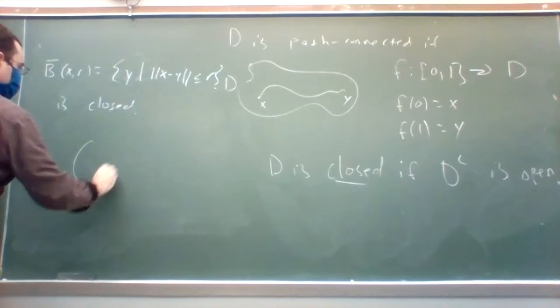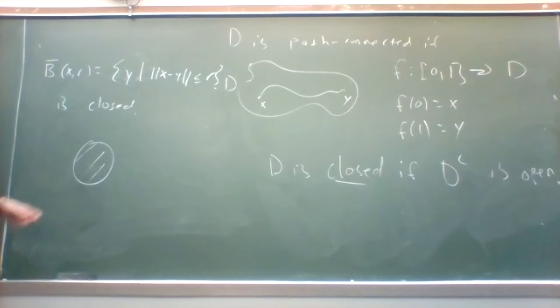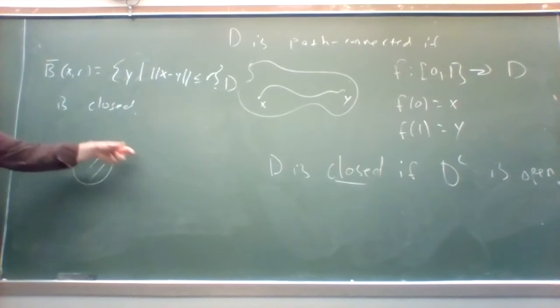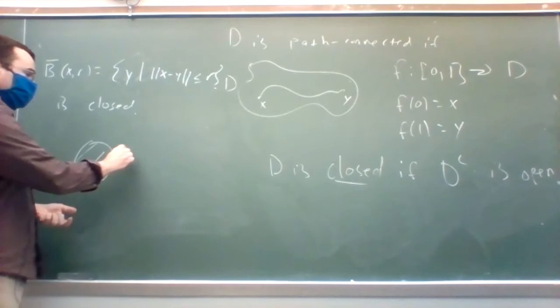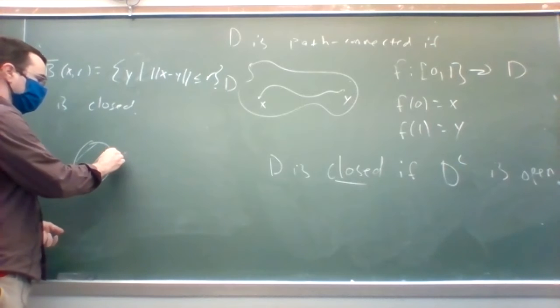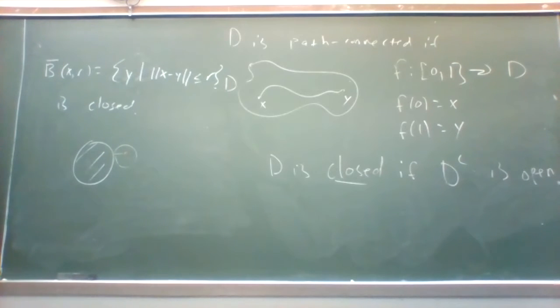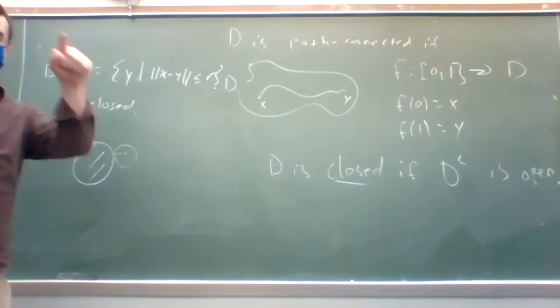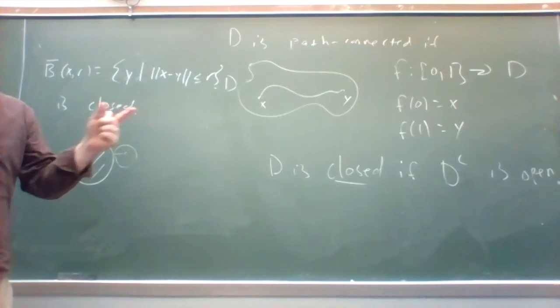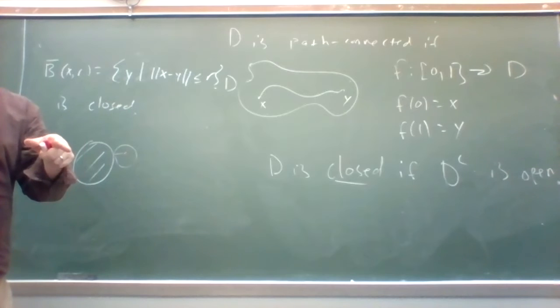That's closed because if you take the complement of this, it's everything outside. And so for any point outside, you can always sneak in a ball of radius r that stays outside in the complement. In R1, the complement of a closed interval is open, and therefore a closed interval is closed.